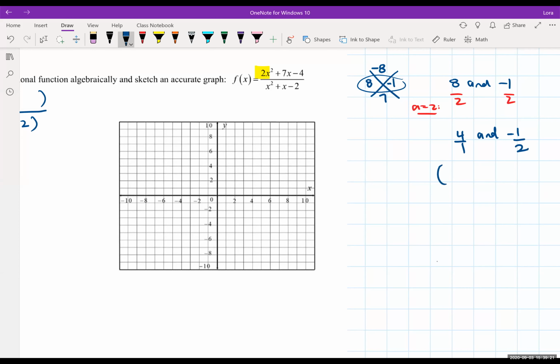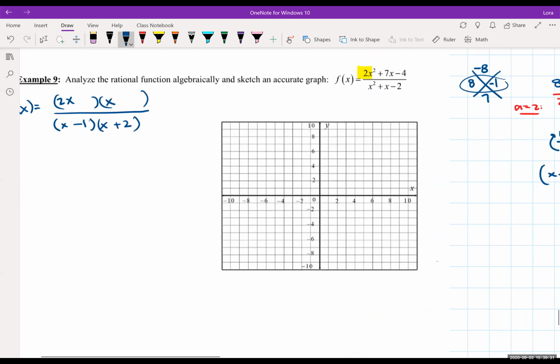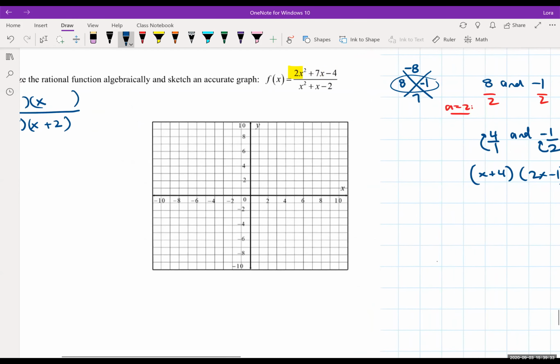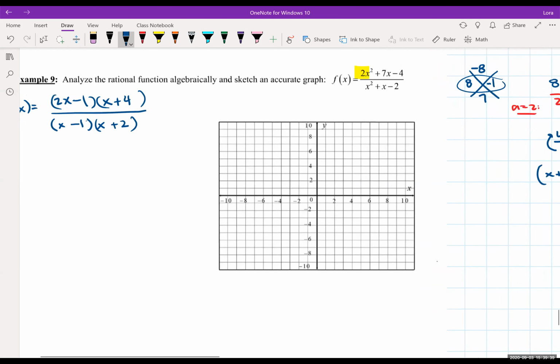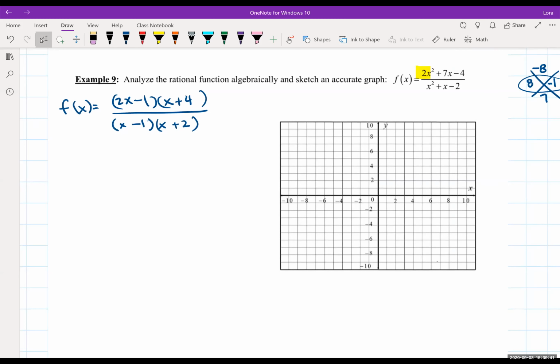So bottoms up method would give me x plus 4 and 2x minus 1. So now I can go back and say, aha. I think I put the 2x first in this case, so I'll attach that in: 2x minus 1 and x plus 4. So we do have our numerator factored completely and our denominator factored completely.